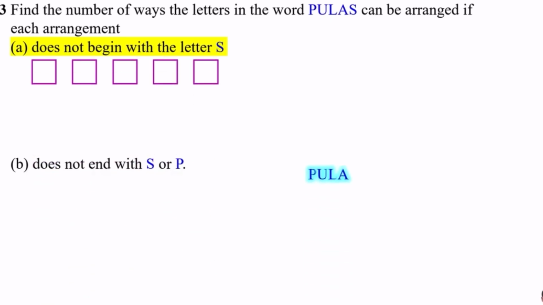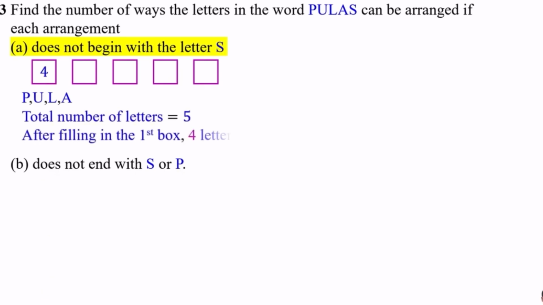So we need to arrange how many of them? We have 5. So we have 4 choices to start because we cannot begin with S. So we can start with P, U, L or A. We have 4 ways to start. After we use one letter, we take 5 minus 1 because we used up the first one.